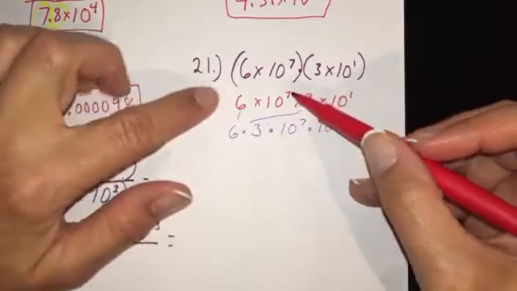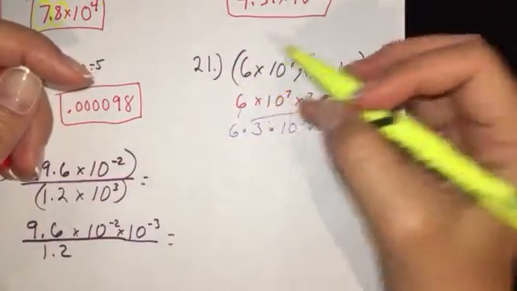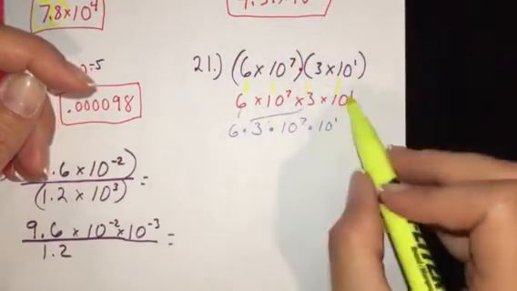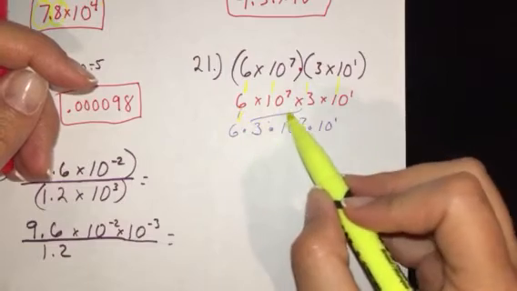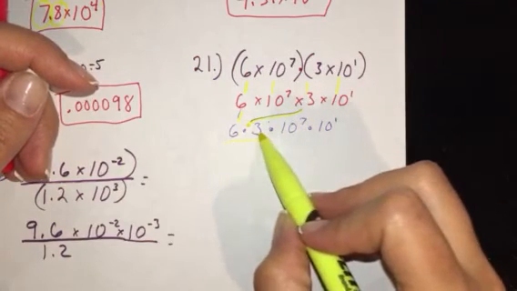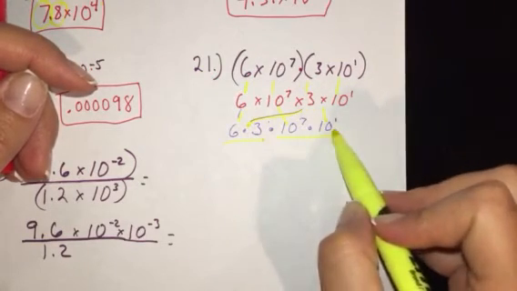Okay, and I can just use the commutative property of multiplication to regroup these numbers. So I took these out of their parentheses, and then I went ahead and regrouped them. So I'm going to put the numbers here, and I'm going to put the tens business over here.